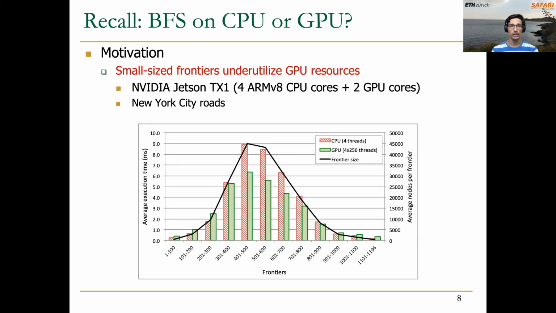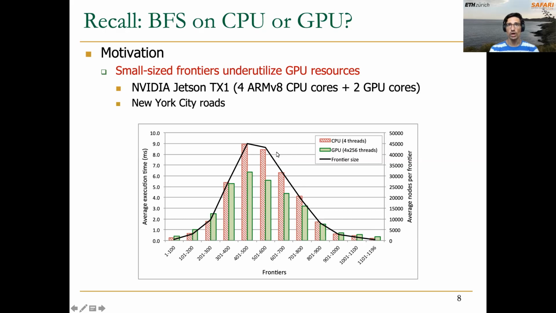If you look at the plot and you see the initial iterations and also the final iterations, where we are, let's say, at the extremes of the graph when executing the BFS algorithm, you can observe that the CPU is faster than the GPU for these frontiers, right?